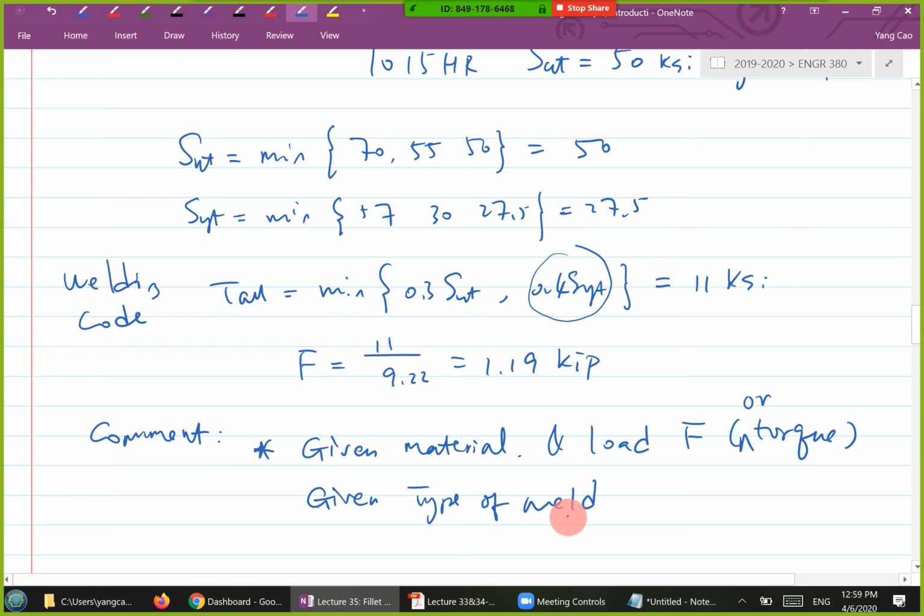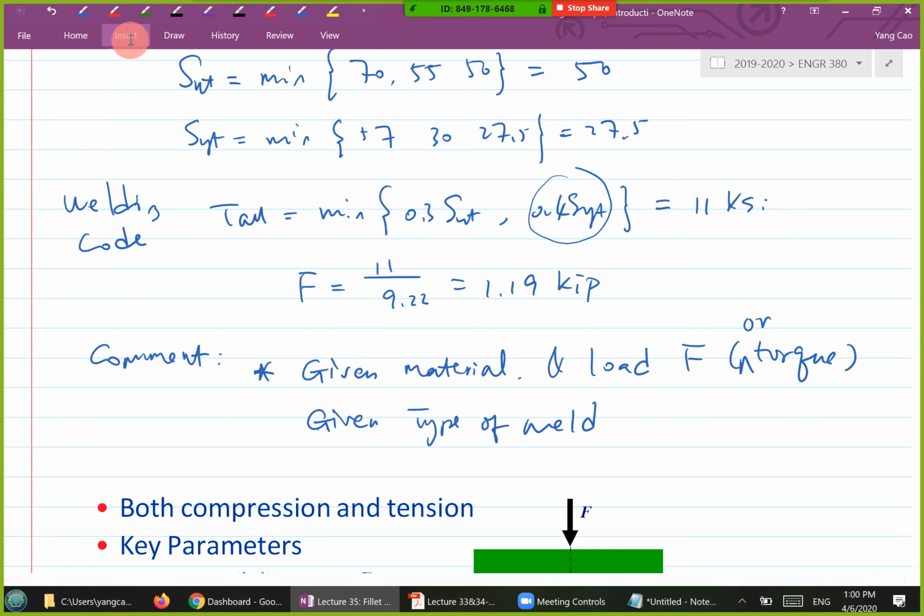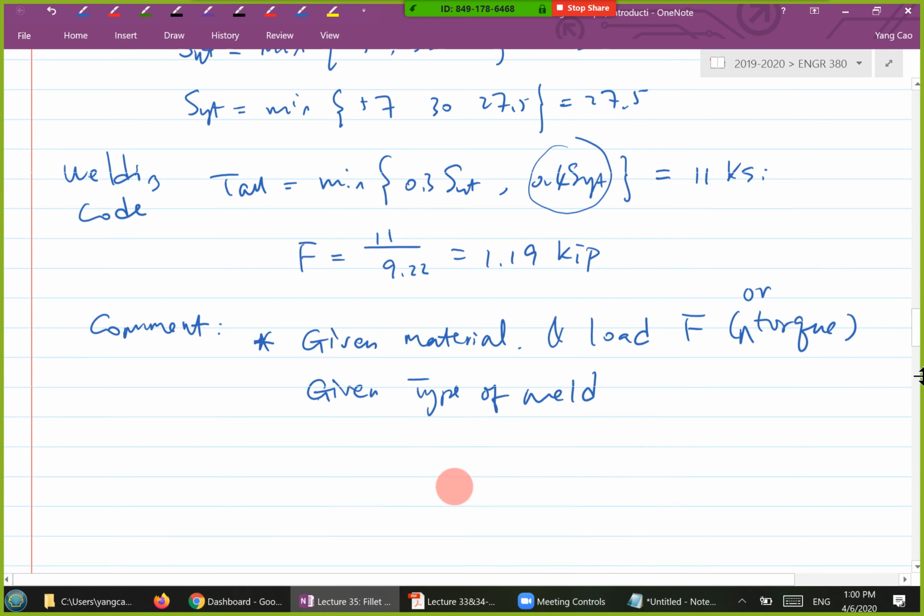So basically, like in this case, you have up and down, right? All of the welds here. So in this type of question, if you're given all of this, then you may be asked what will be the minimum leg height H. Okay, so given the load, given the material, what will be the welding leg height H in order to satisfy the design requirements.